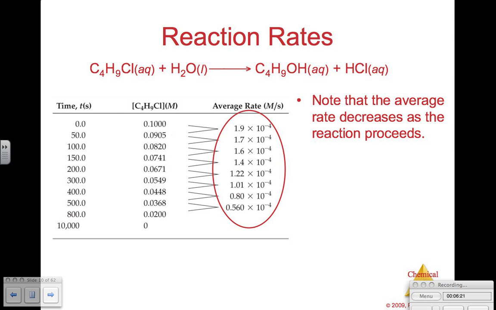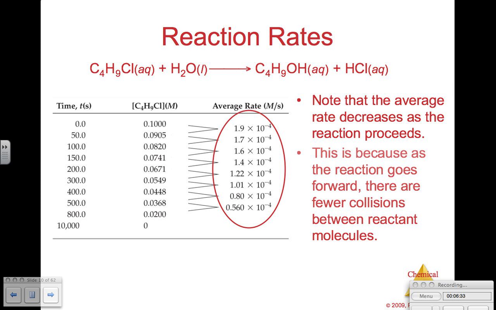Now, why might that be? Why might the average rate decrease as the reaction proceeds? What would be hindering the reaction from continuing at the same rate the whole time? Well, if you think about that for a moment, you might consider the fact that as you go along, there's fewer and fewer particles around, or reactants that haven't reacted yet, and those reactants have to find each other and collide with each other to make a product.